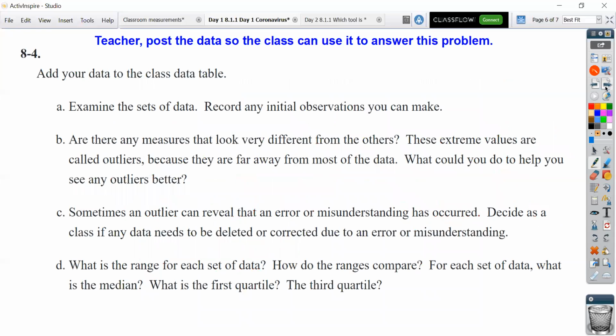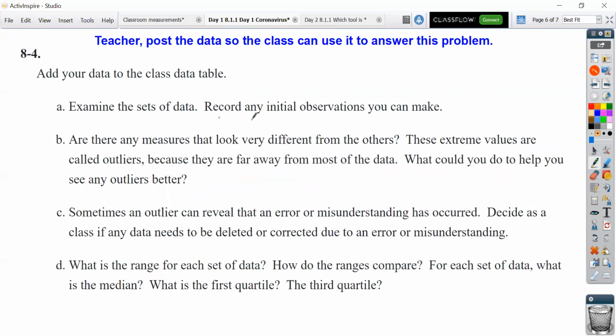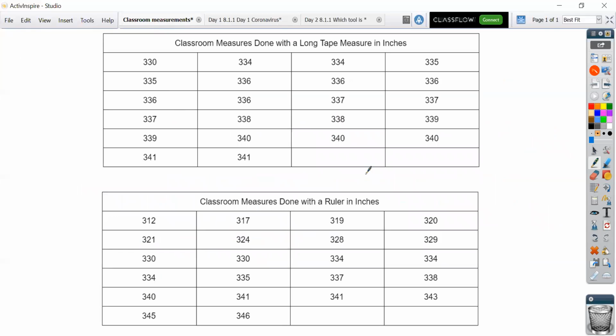Let's take a look at 8.4. Add your data to the class data table. Okay, we're still using this data here. Examine the sets of data, record any initial observations you can make. All right, initial observations. The spread of the data for the tape measure is less than the spread of the data for the inches for the ruler.